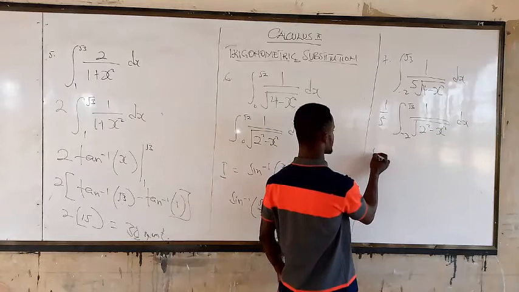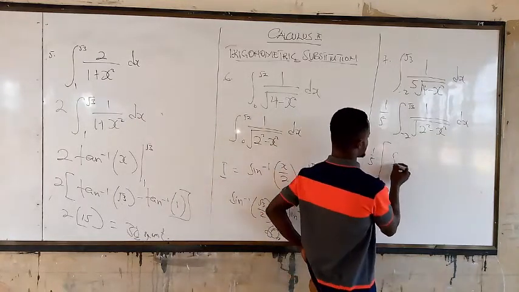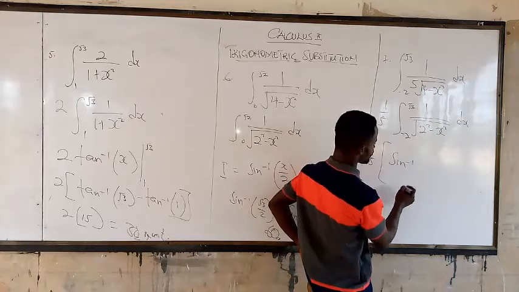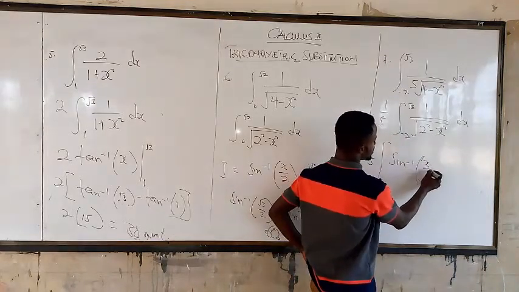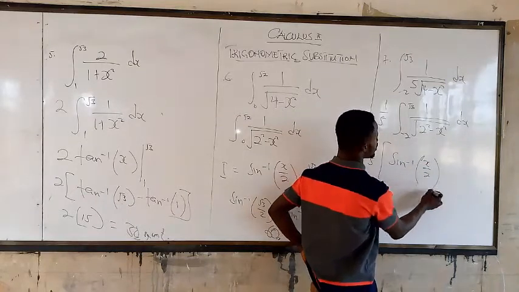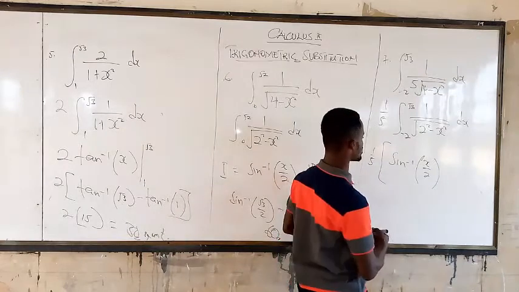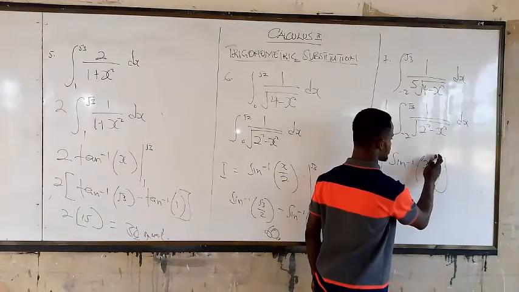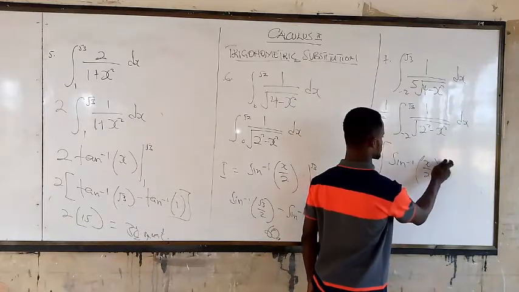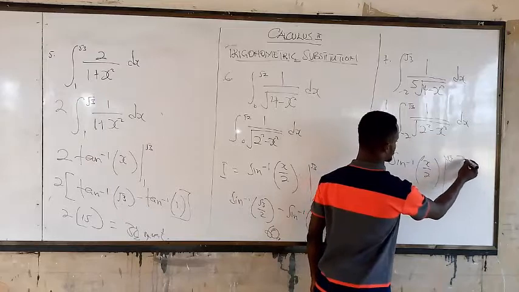So straightforward, 1 over 5. So here we get sine inverse of s over 2. You can go by that long method, we are all going to get the same answer. Okay. So then we bring in negative 2 to square root of 3.